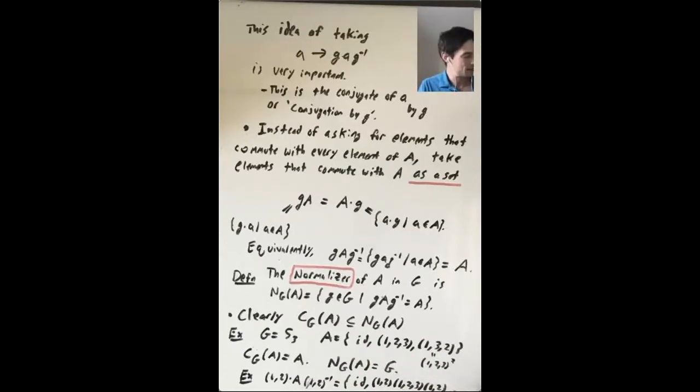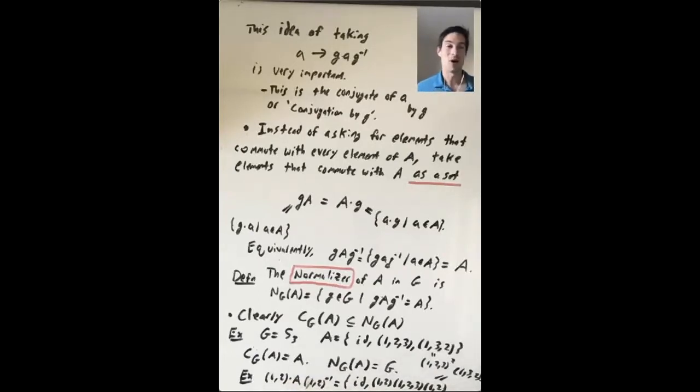So this is equal to (1 3 2). And now I'm out of space, but you'll see that if you take (1 2) times (1 3 2) times (1 2), you'll get back the permutation (1 2 3). So this set is equal to the set A, and the element (1 2) is in the normalizer.